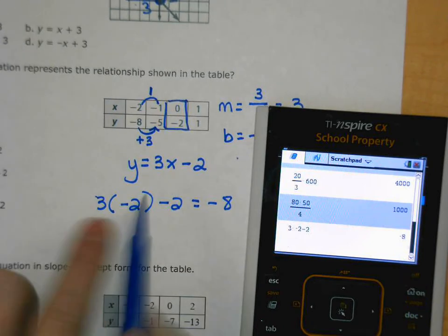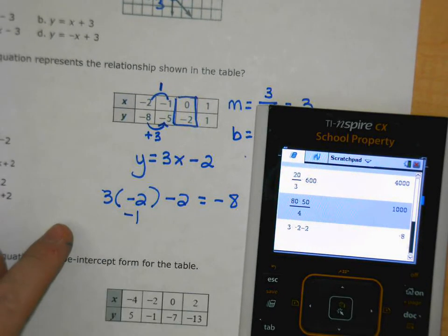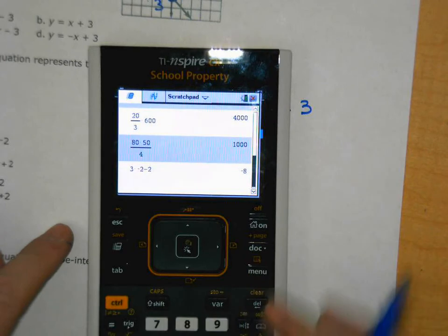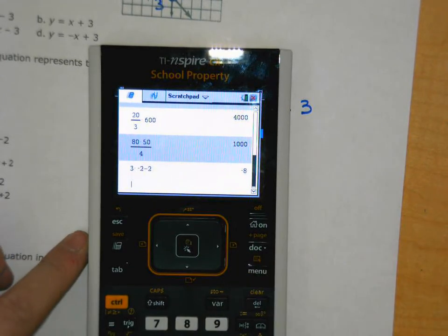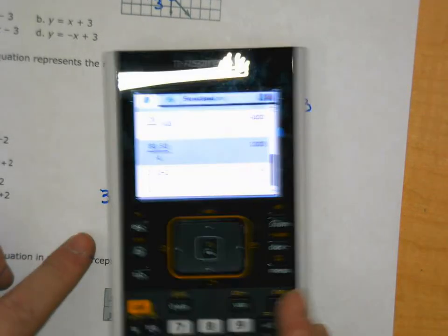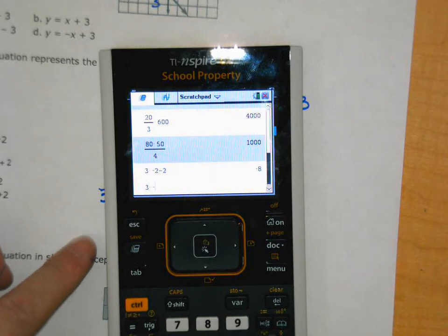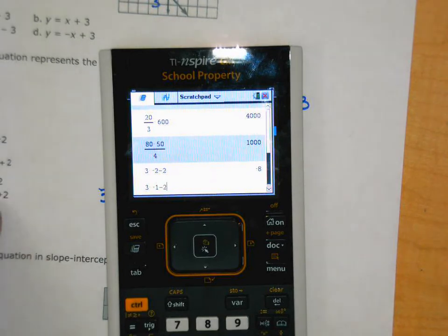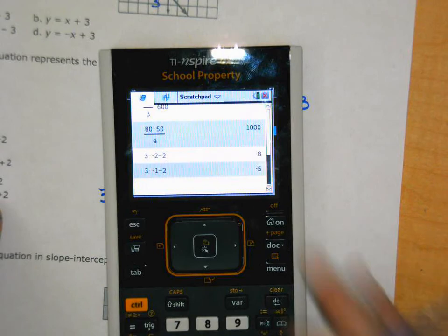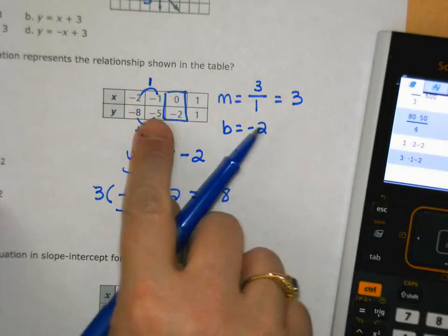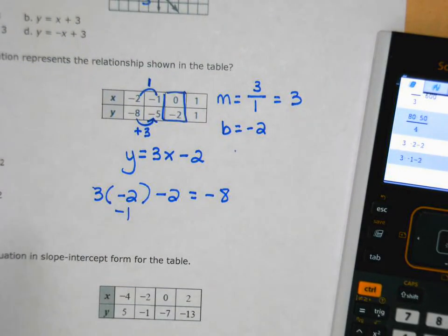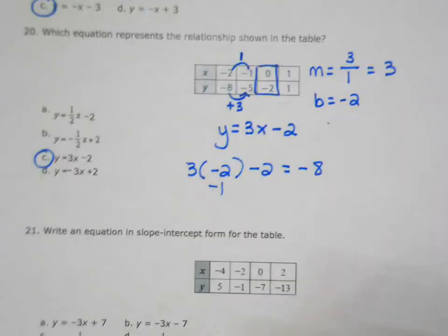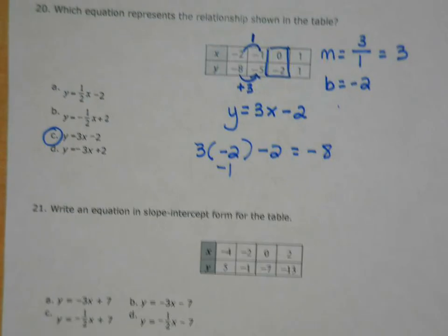And then I would do the next number, which is a negative 1, and I would do 3 times a negative 1 minus 2 equals, should be a negative 5, and it is. And I could do that through the whole thing. I could do it with all of my answer choices if I wanted to.